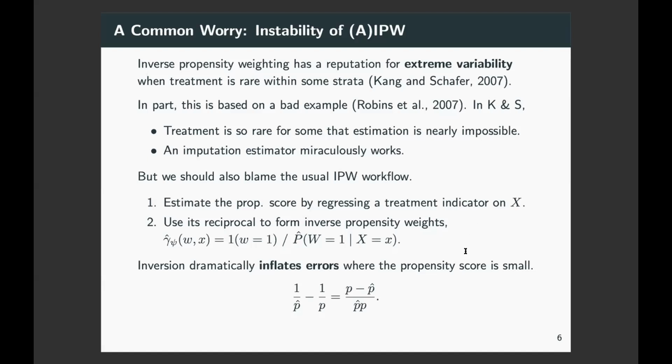The problem with this approach is basically that inversion dramatically inflates errors when the propensity score is small. If you just do the arithmetic and subtract the reciprocals, you get the product of the values in the denominator, which tells you that whenever the propensity score is small, errors can get extremely large.